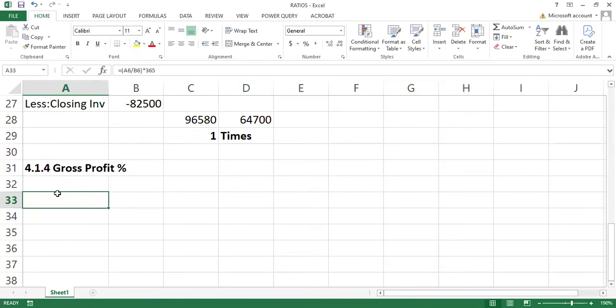So, the formula for this one is gross profit divided by sales or turnover. It's up to you which one you want to use. Then you say times 100 divided by 1. That one is your formula.